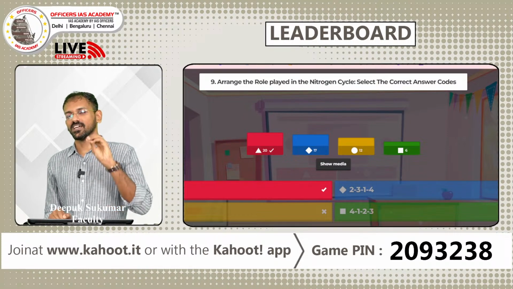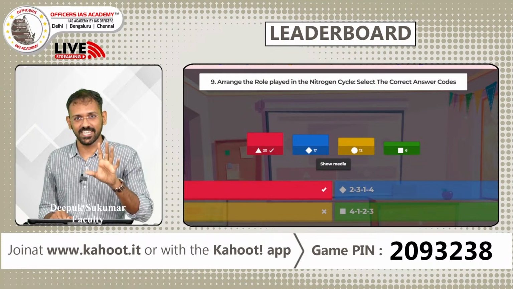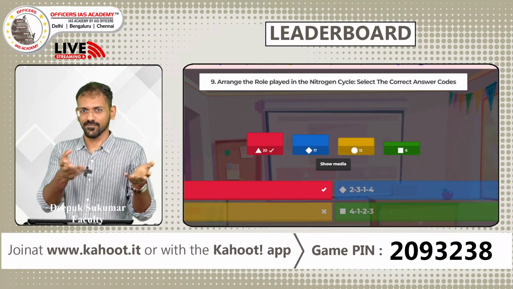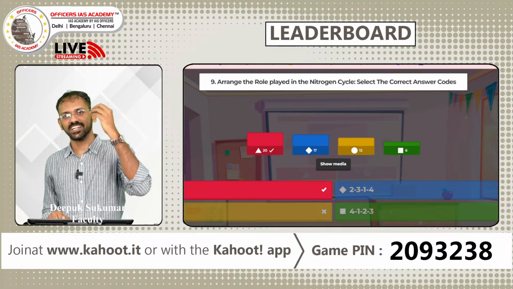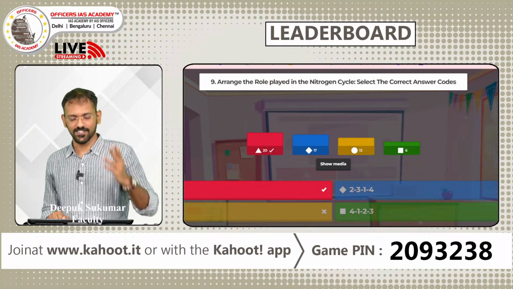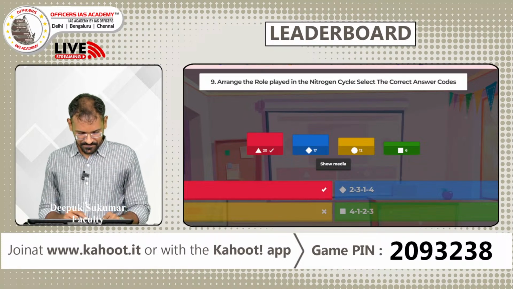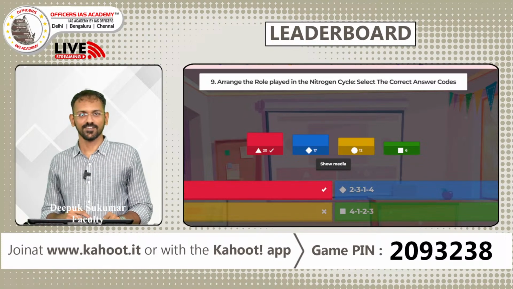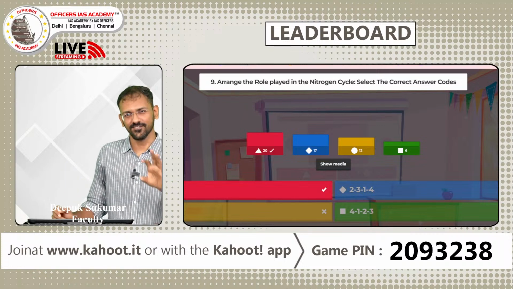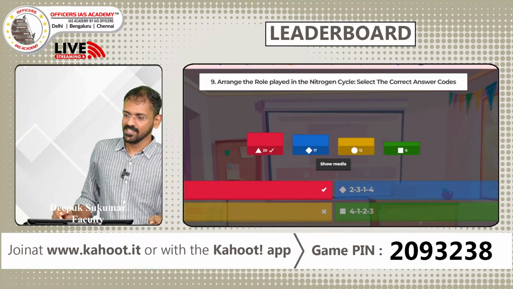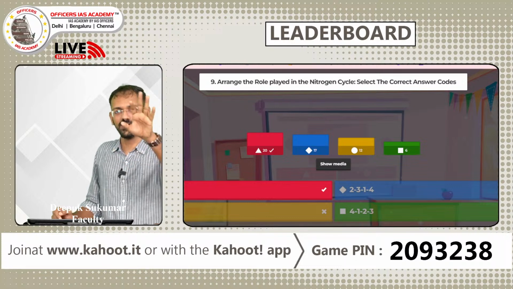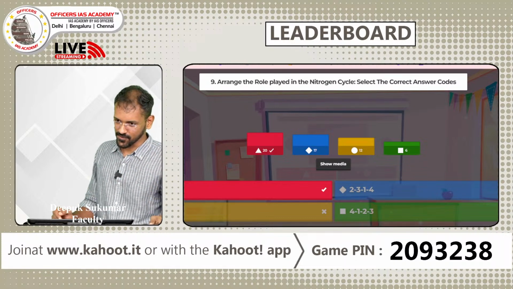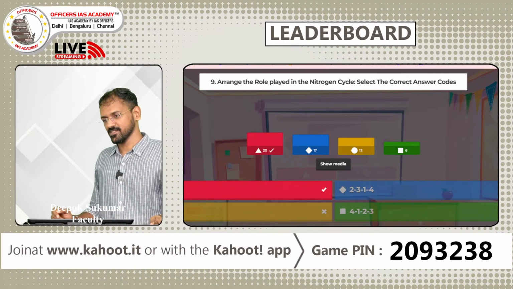Although sometimes they ask about the phosphorus cycle, sulfur cycle, because we would not have done much of it in school, right? The oxygen cycle, carbon cycle, nitrogen cycle, water cycle, all of this we tend to do, but UPSC is not really keen on the very basic simple things. So anyway, good job. Still, the majority have gotten the answer right. So yeah, let's move on.